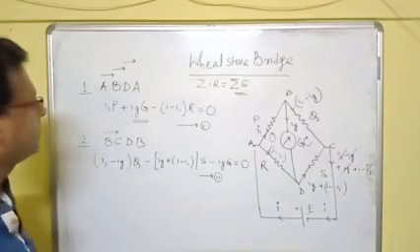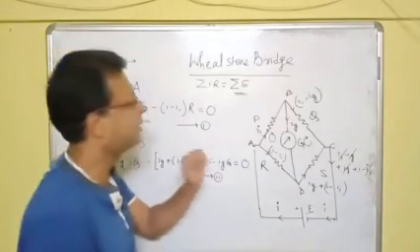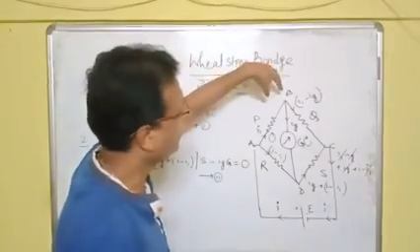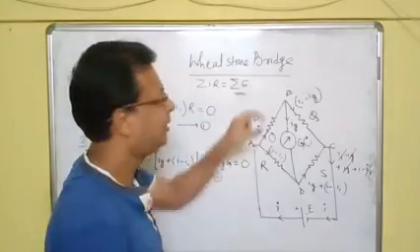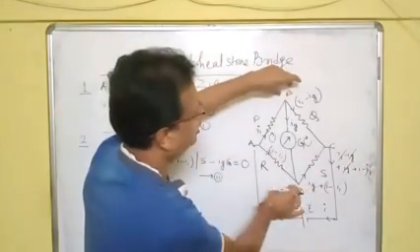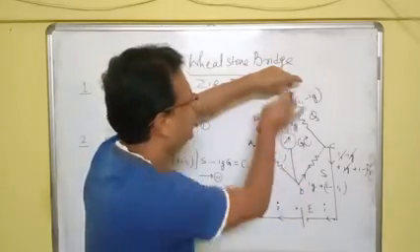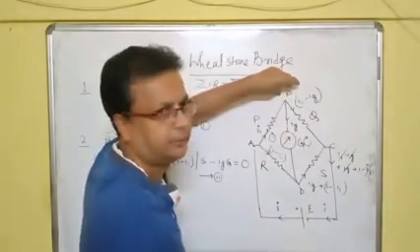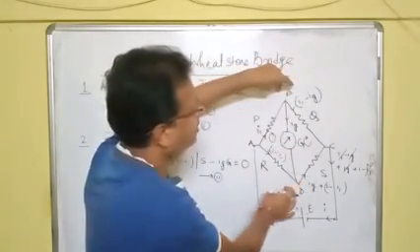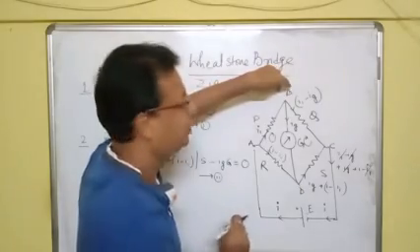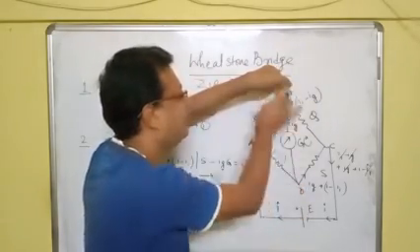Now, you see, if point B and point D are at the same potential, then no current will flow through the galvanometer. Let me repeat: if point B and point D are at the same potential, no current will flow through the galvanometer.